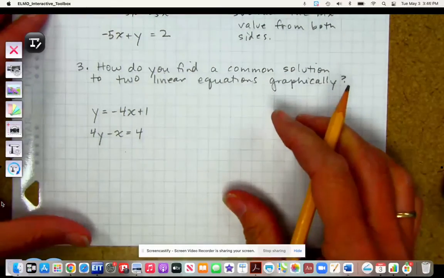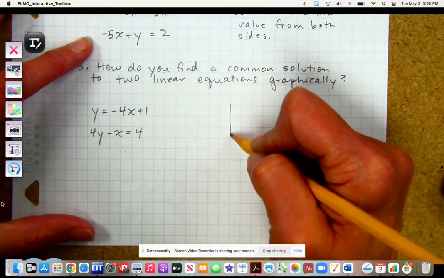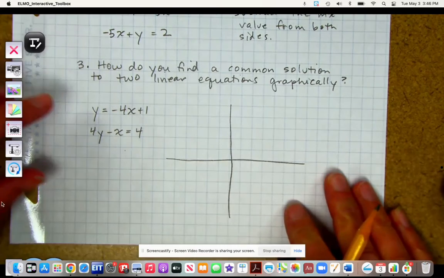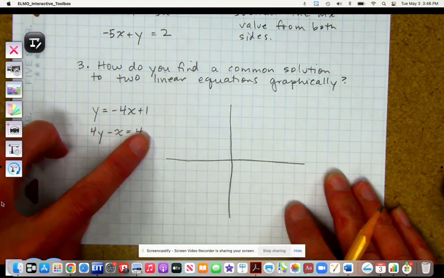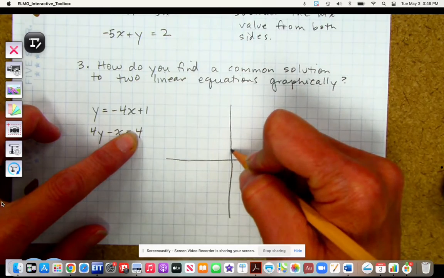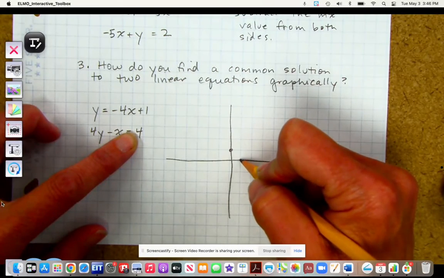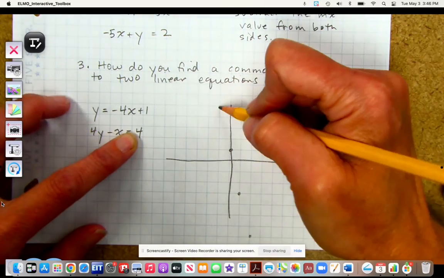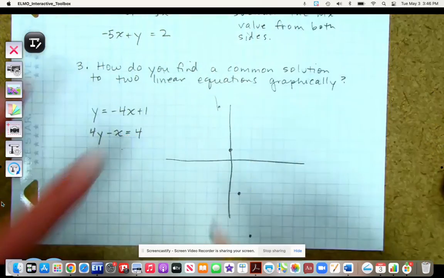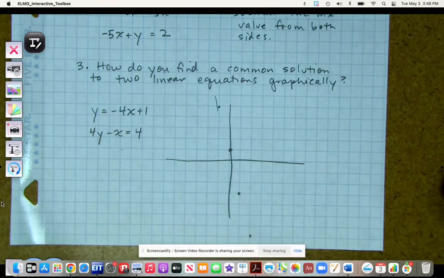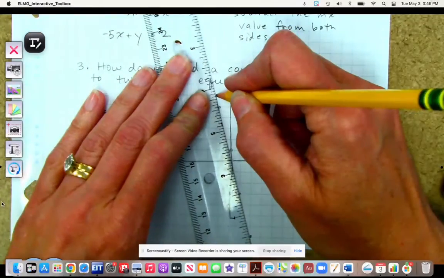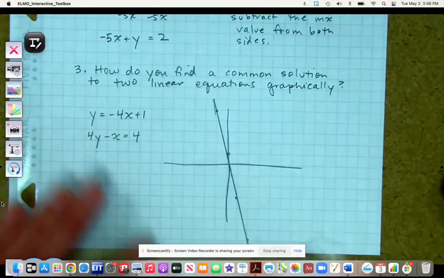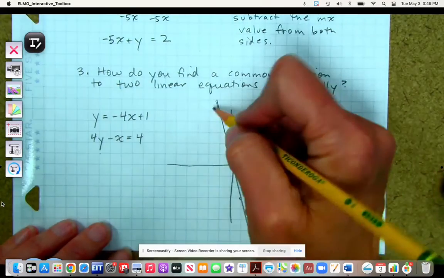Okay, so let's give us a little practice of looking at these two types of equations. Okay, so I'm going to graph the first one. This is in slope-intercept form. So I'm going to put my y-intercept at 1, slope of negative 4, so over 1, down 4. Over 1, down 4. Okay, just trying carefully. Probably should use a ruler here. Okay, so that's that first line. Oh gosh, I've done that a little better than that.